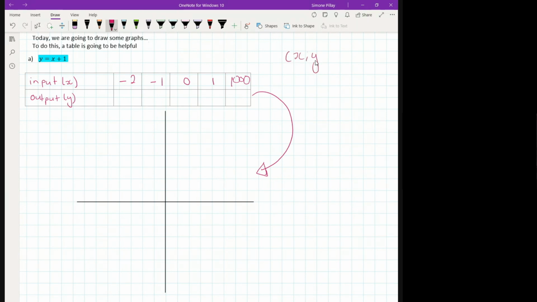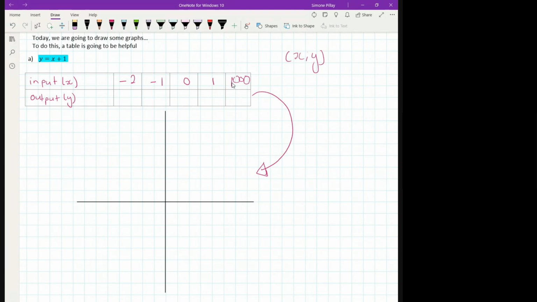So we have literally an x and y that we put together and it makes a coordinate. And then I have to draw that coordinate on my Cartesian plane. Now, can you imagine if I chose this input of 1,000, what I would have to number my graph? I would be numbering my graph for ages, right? To get to a value of 1,000. Do you see that? Yes, ma'am.